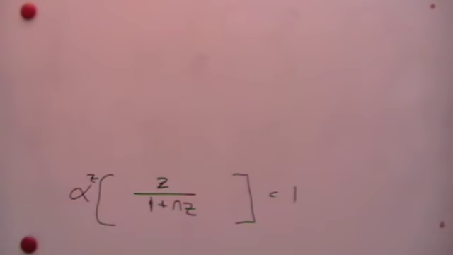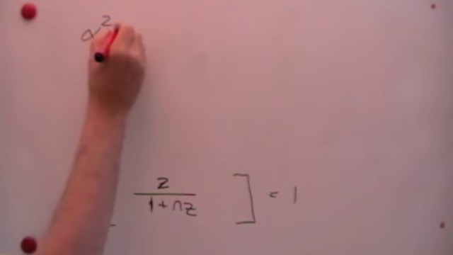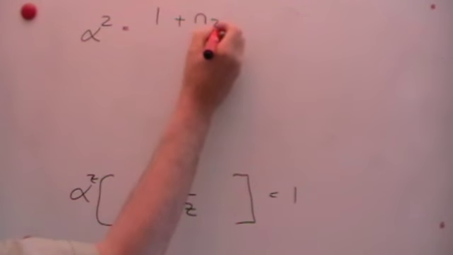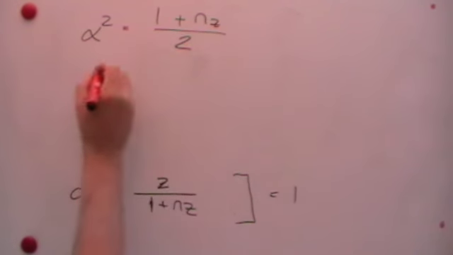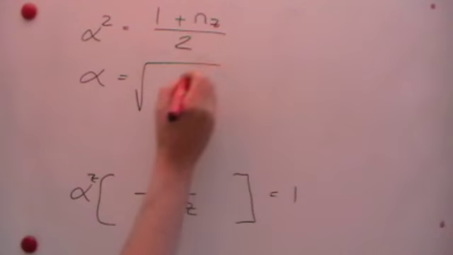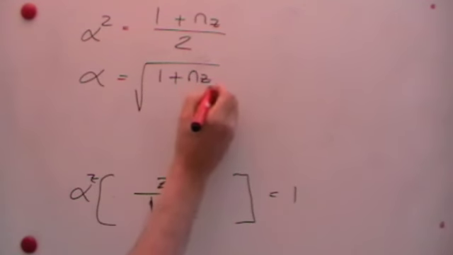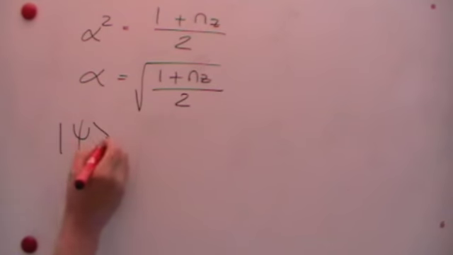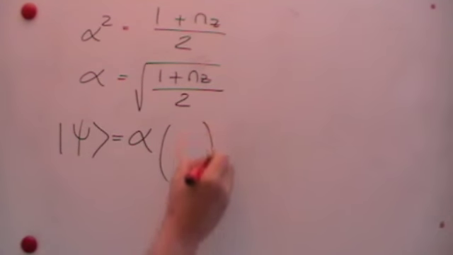This is an alpha squared. You can now see that alpha squared from this here is equal to 1 plus nz divided by 2, which means that alpha is equal to the square root of 1 plus nz divided by 2. So now we can say that the total eigenvector is equal to the normalizing factor alpha times 1 gamma.